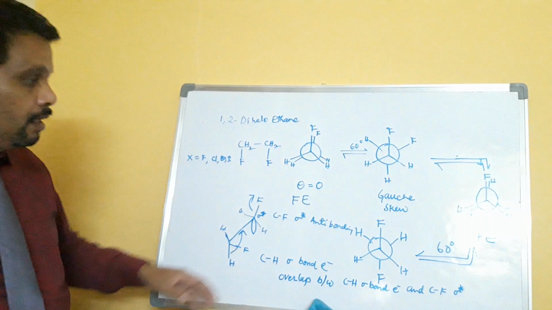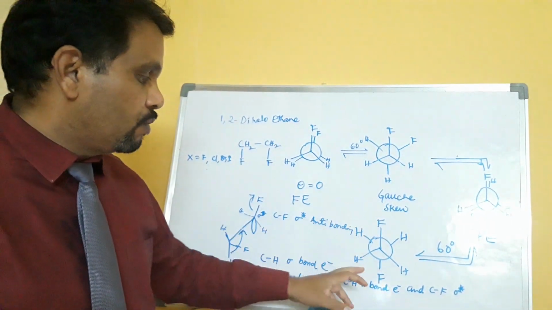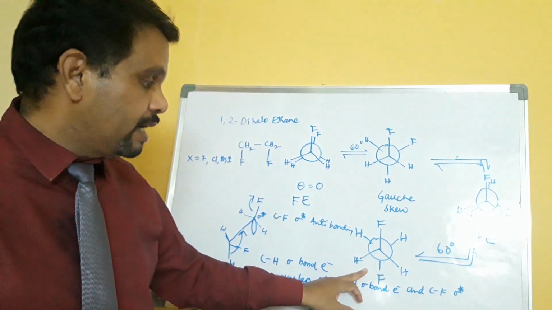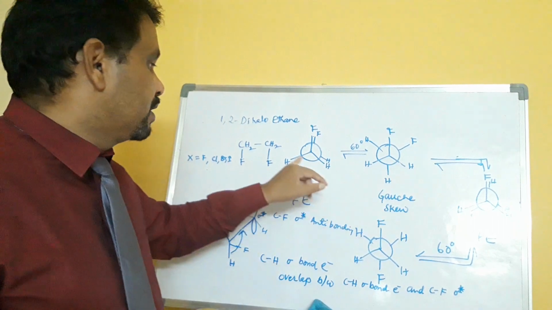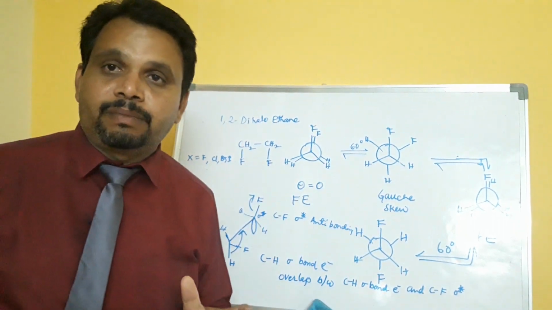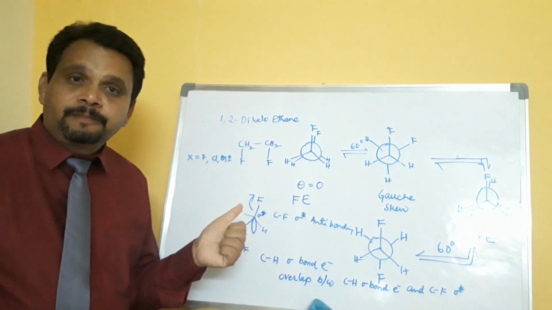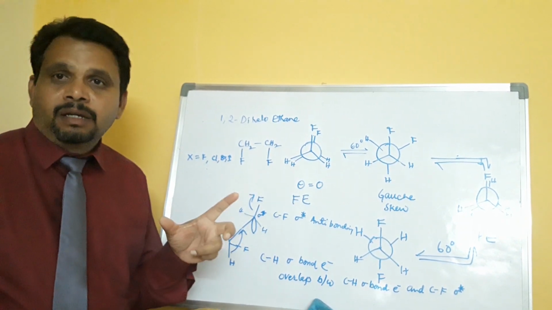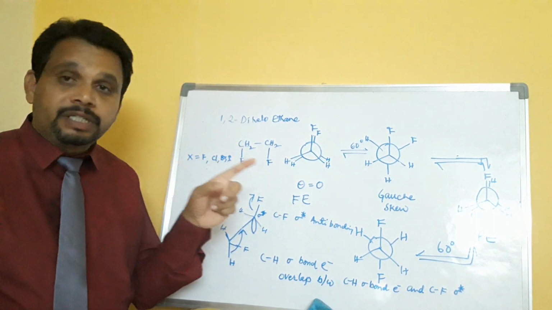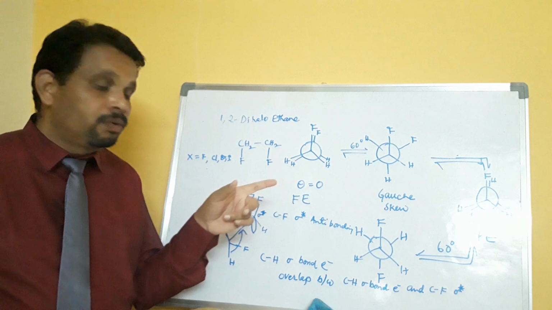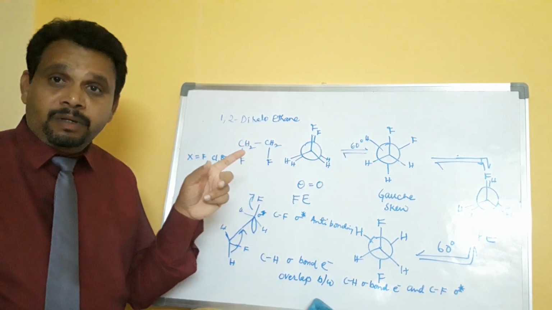So that is why this gauche or skew conformer is more stable than staggered or anti-conformer, than partially eclipsed conformer, than fully eclipsed conformer. Okay, so you got my point. In the previous one, van der Waals attractions play an important role. That's why the gauche skew conformer is more stable in the case of 1-halopropane.